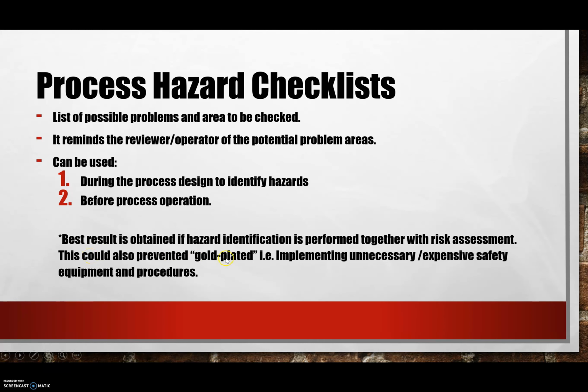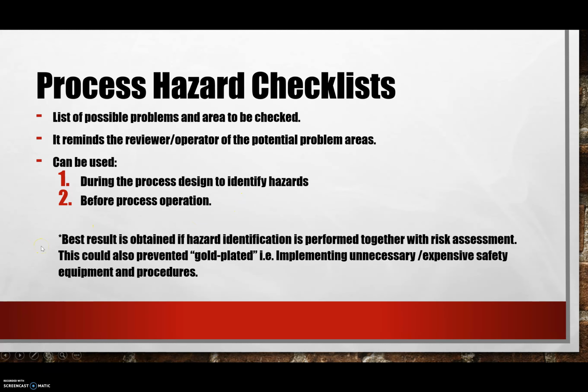The justification on why hazard identification is very good to be combined with them is that this could prevent gold plating. To prevent the gold-plated scenario, your hazard identification technique should be performed during your process design, before you start your operation.